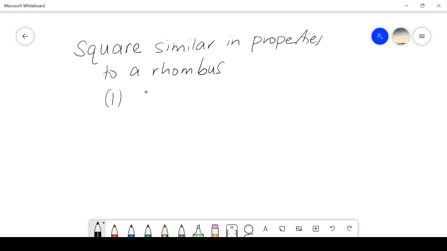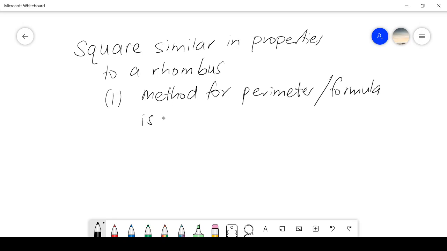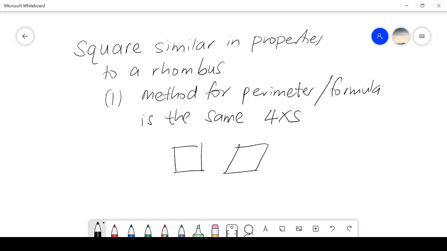The method for the perimeter, or you could say the formula, is the same, which is 4 times the side. Okay? And they look quite similar, a square and a rhombus. You could think of it as a rhombus is just a tilted square.